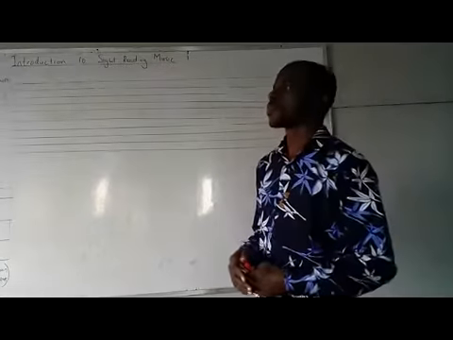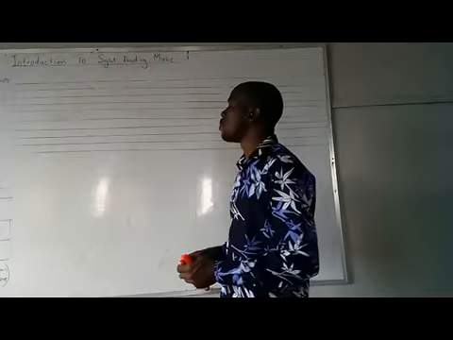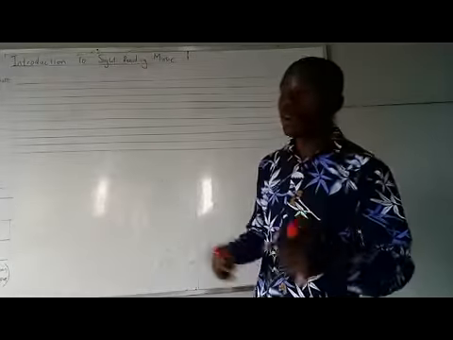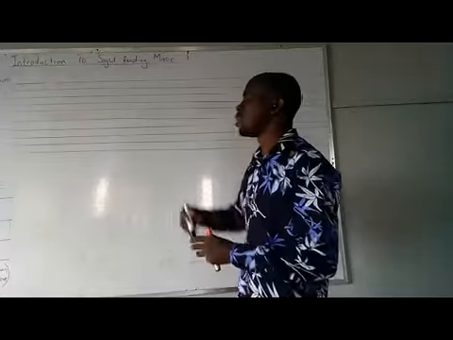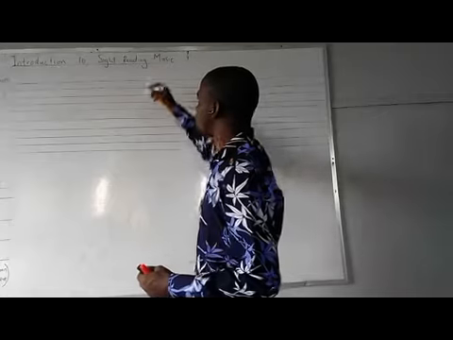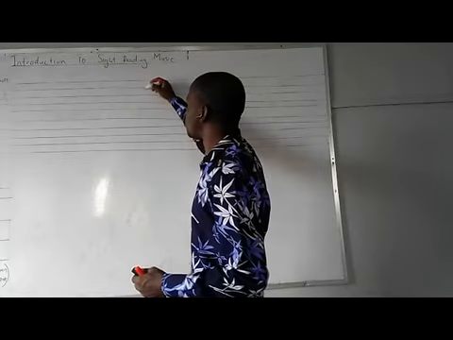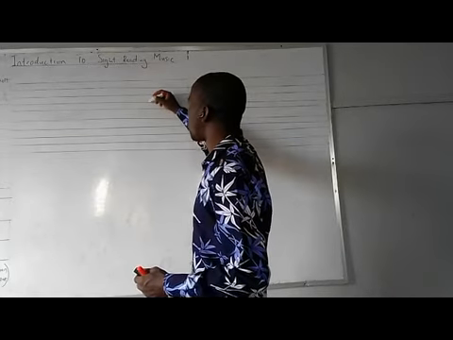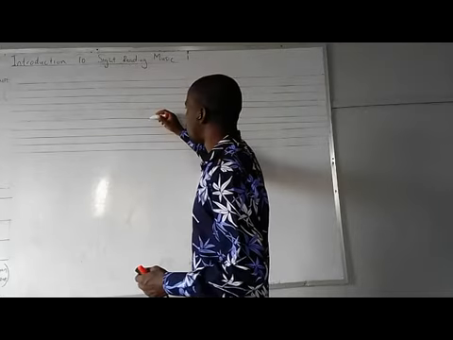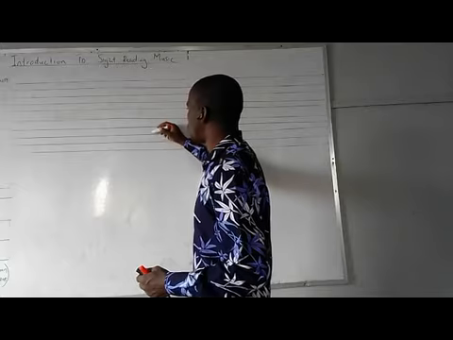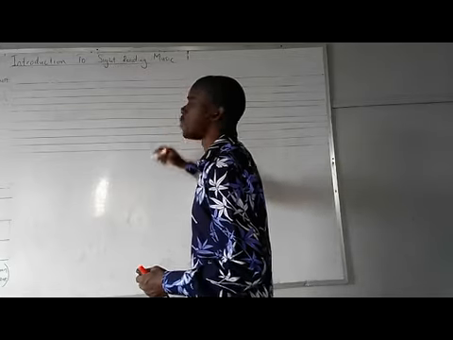So that's the reason why you have to know how to sight read music. These lines that you are seeing, if you count from here, 1, 2, 3, 4, 5. Let's count the next one. 1, 2, 3, 4, 5.